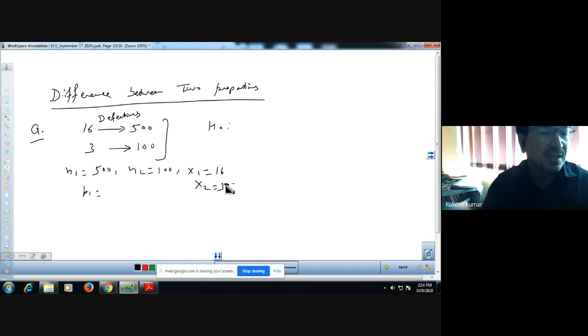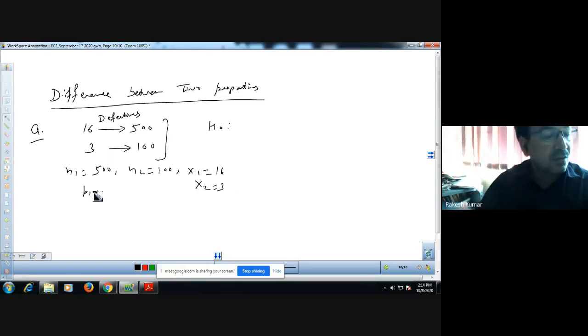These are the values of the defective items out of the two samples. We had 16 defectives out of the first sample, and three defectives out of the second sample of 100 items.